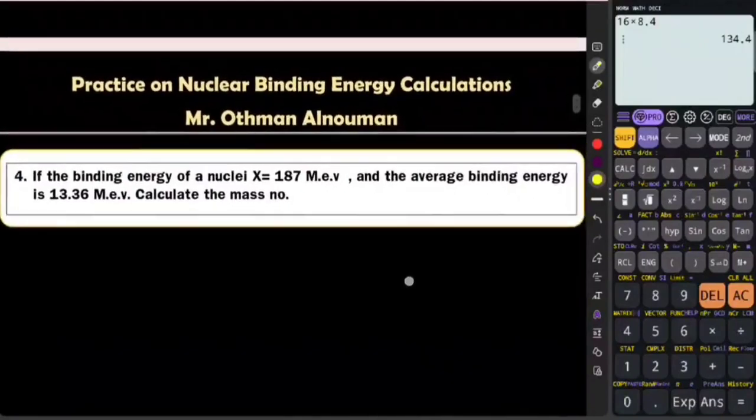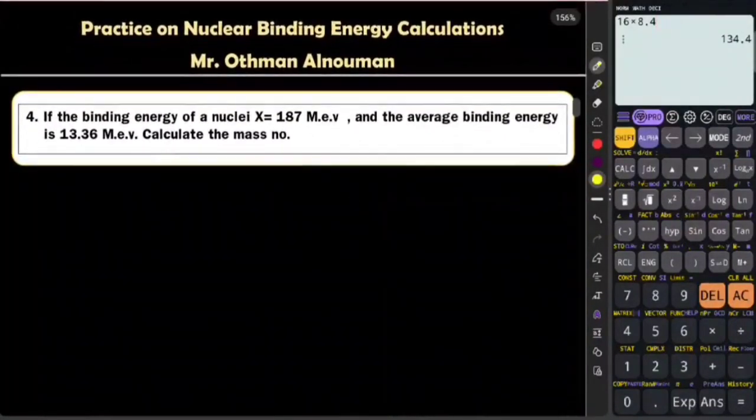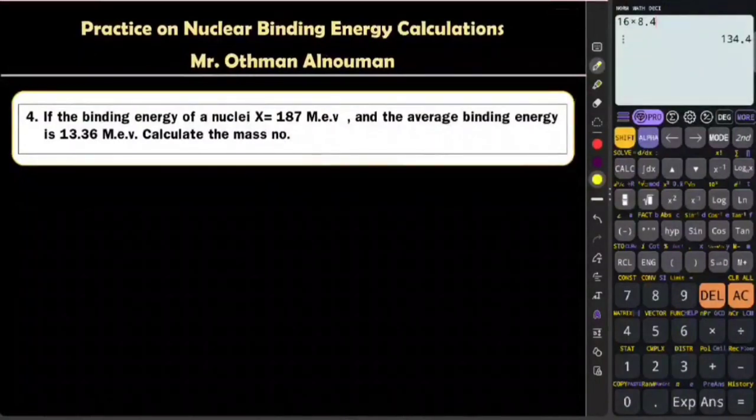Let's go to another question here. It says, if the binding energy of a nucleus X is 187 million electron volt and its average binding energy is 13.36 million electron volt, calculate the mass number. Now the mass number, again, we solved a problem like this.